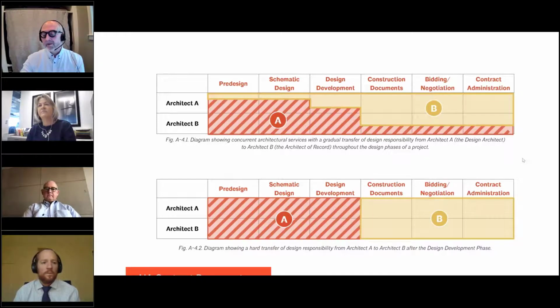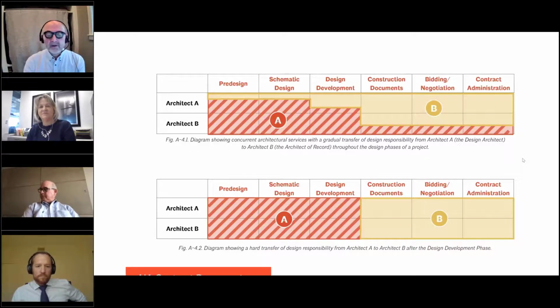On the lower part of the slide is the consecutive model. I think this one is a hard transfer with a package of documents and information to convey the design that the design architect creates, and transfer it over to the architect of record, and the architect of record says, bye-bye design architect, we're moving on, and continues through the end.